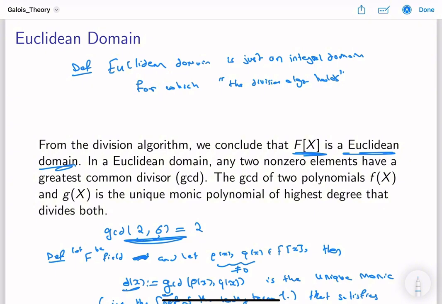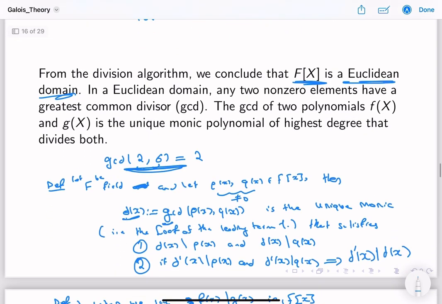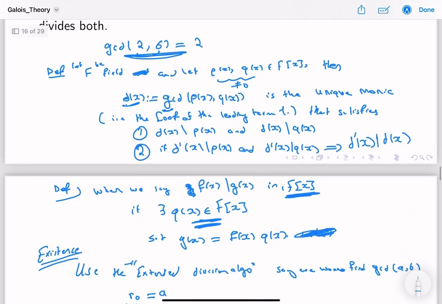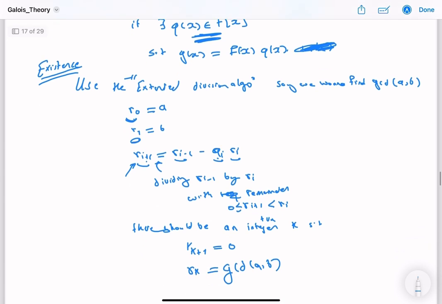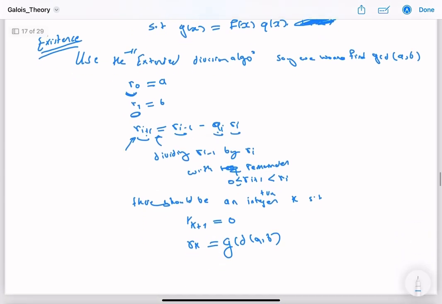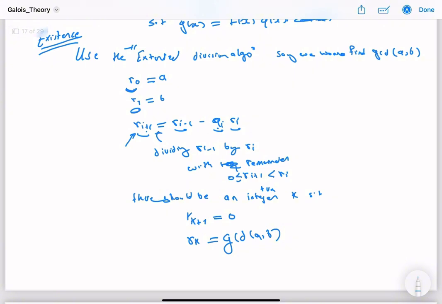And in general, in Euclidean domains, we have the notion of GCD, the greatest common divisor, and it's defined as such. One way of getting the GCD is by the so-called extended division algorithm. Okay, so this is a recap of what we did so far. And these are very important concepts. This is why I'm going over these very carefully.